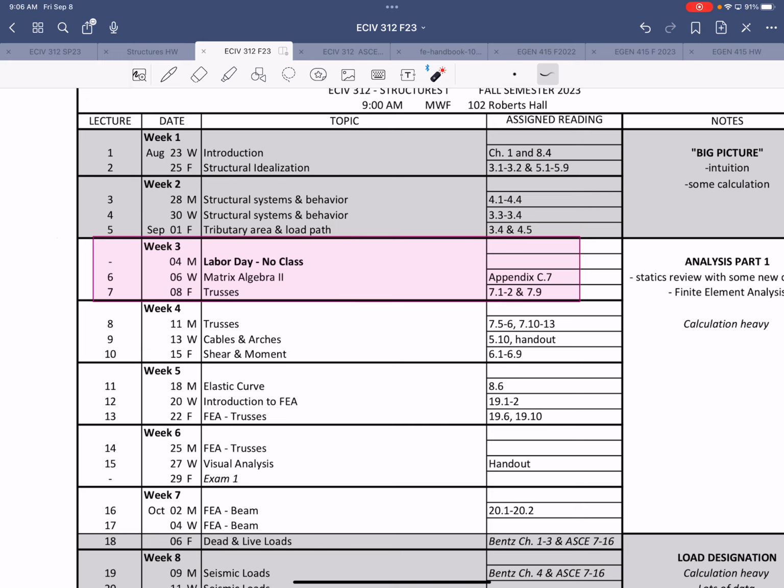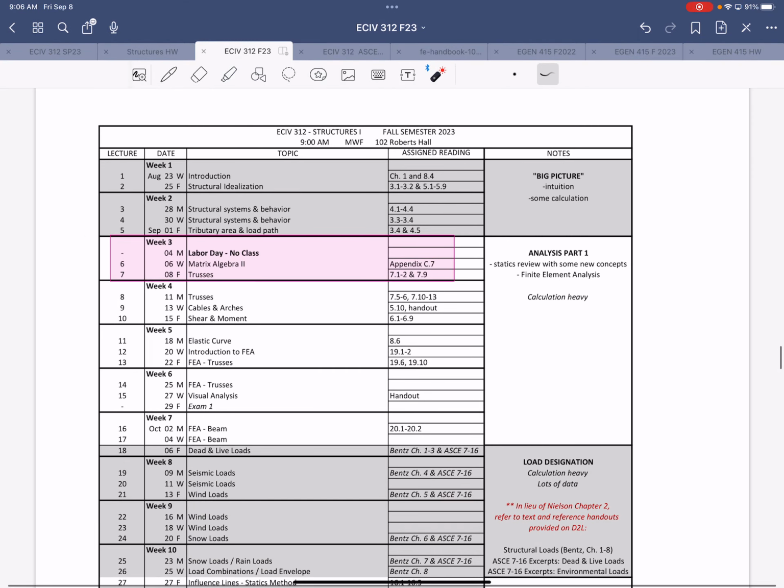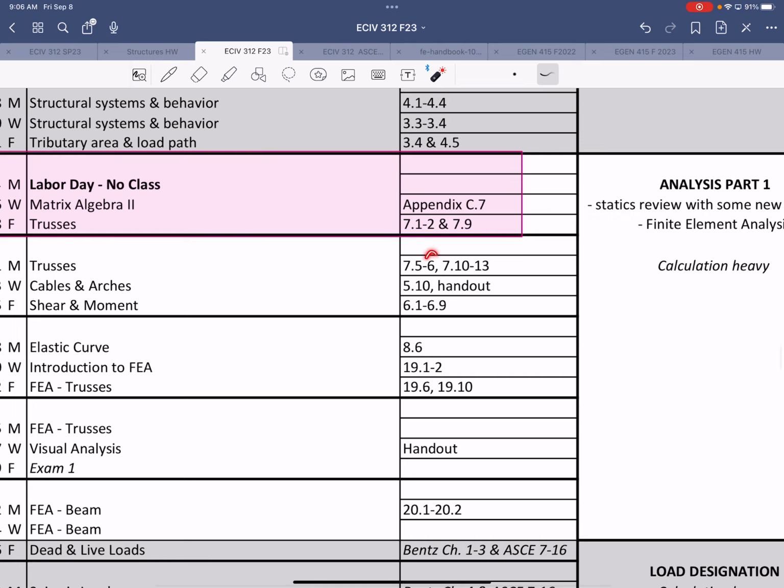But we did already talk about determinacy. So if you're looking in the textbook for information about truss determinacy, I think it's section 6 in chapter 7. Pretty sure that's the one that talks about determinacy.